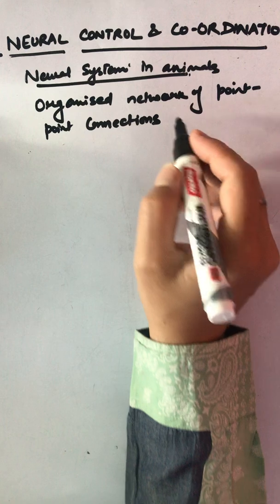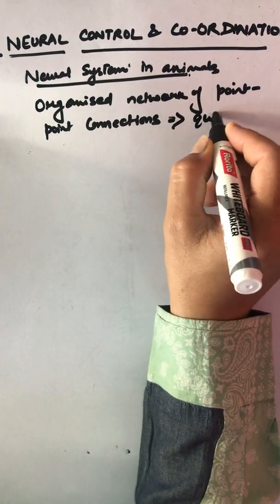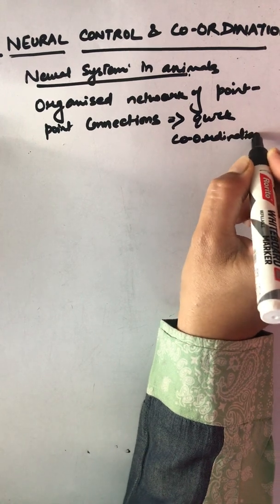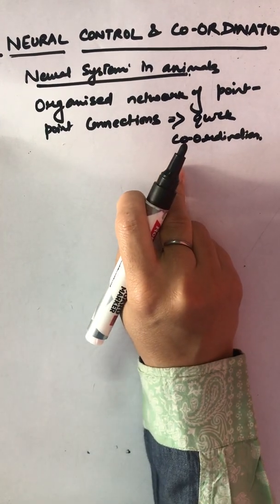Clear? What for? For quick coordination. How is it achieved in different organisms?